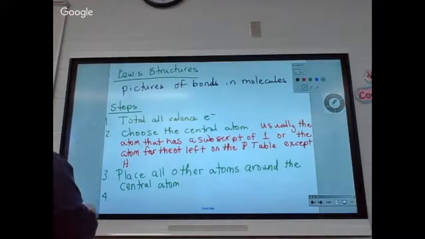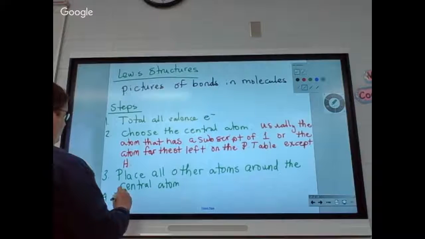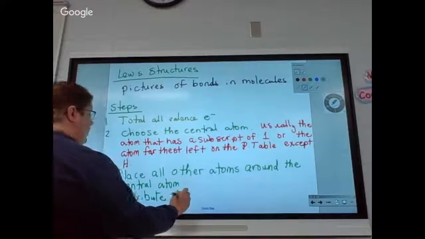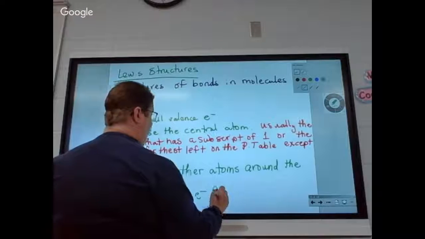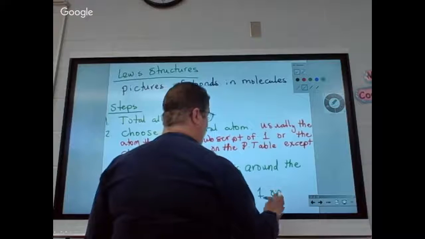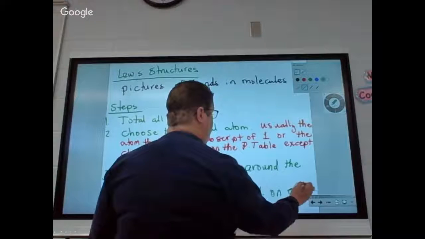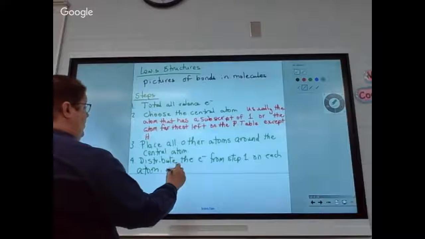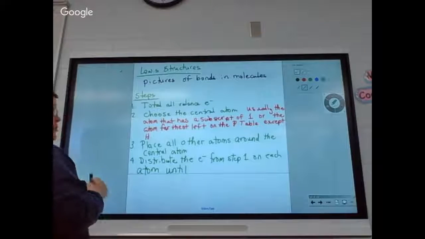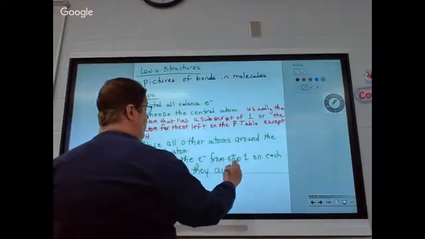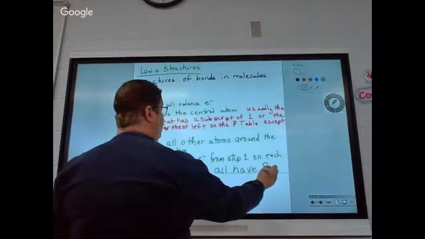And number 4, last step, distribute the electrons from step 1 on each atom until they all have 8.